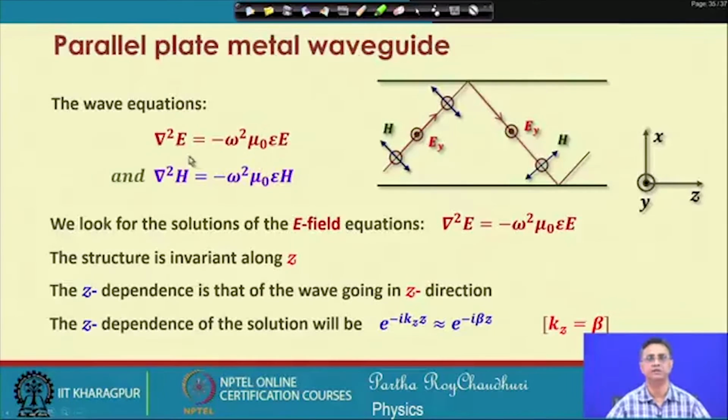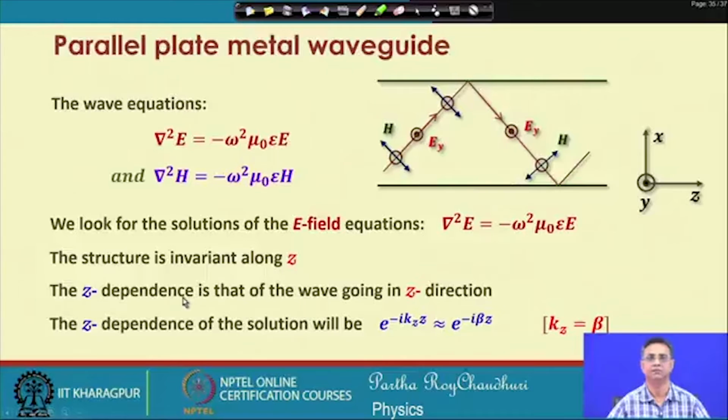So, the wave equation for such a configuration, we can start with del square E equal to minus omega square mu naught epsilon E, and for the magnetic field we have a similar expression. Now, we are looking for the solutions of the electric field from this equation, and you can see that the structure is invariant. This is our assumption, that it does not vary along the z direction, and because of this the solution should be independent of z.